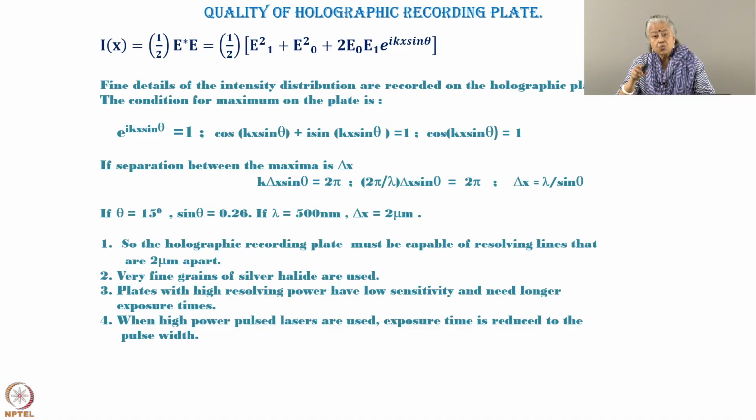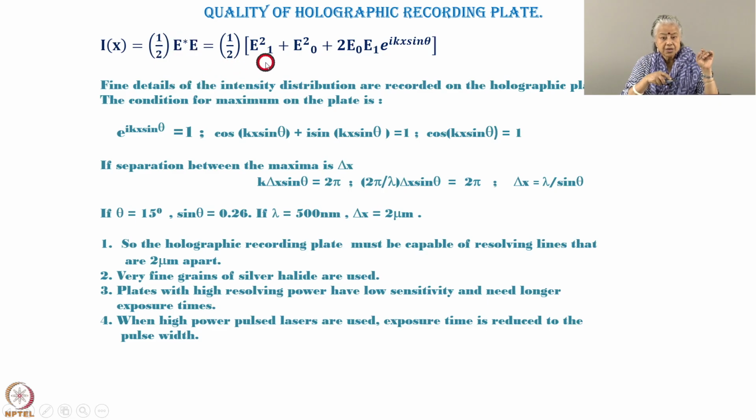So, what is the quality of the holographic recording plate? We must know a little bit about that. Just recollect, I have put in the intensity pattern there once again. I(x) is half of E star E, whichever is the final E, which is the addition of reference and signal.